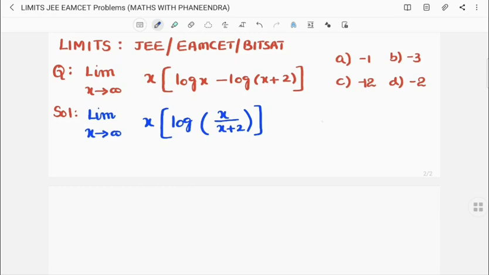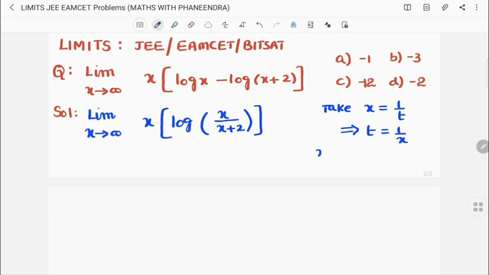Here also take x equal to 1 by t. So t will obviously become 1 by x. Wherever x is there, you have to replace it with 1 by t.